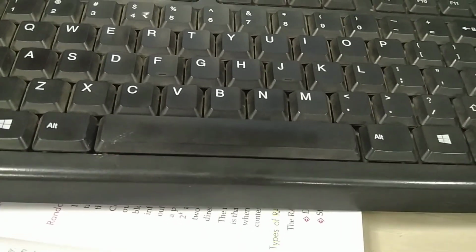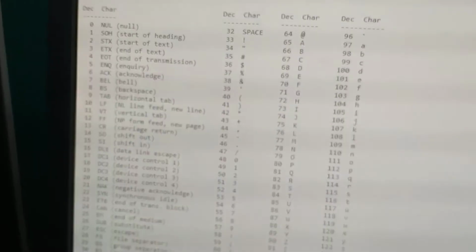Numbers and characters mean their ASCII values. We will discuss that. For that we have an ASCII table. In the ASCII table we have all the numbers converted. You can see it on the screen.